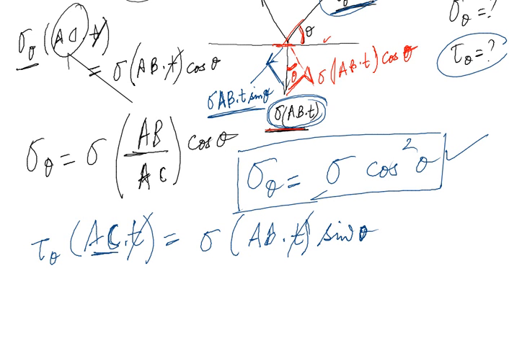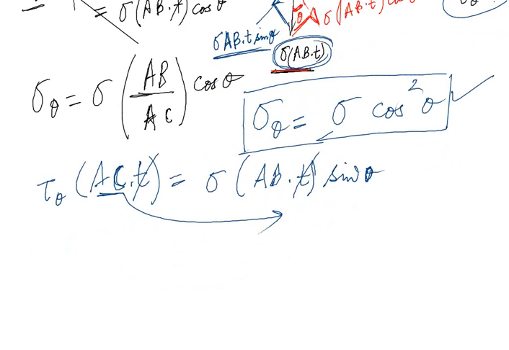AC would go on to the other side, so tau theta would become sigma into sine theta into cos theta. Now if you divide it by 2 and multiply it by 2, this would become sigma by 2 into 2 sine theta cos theta.